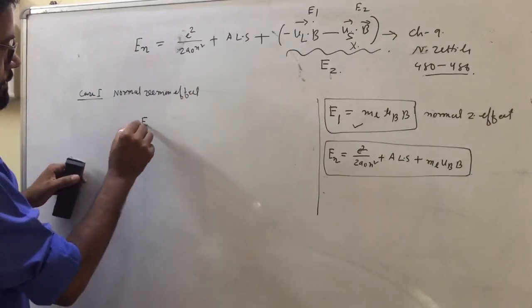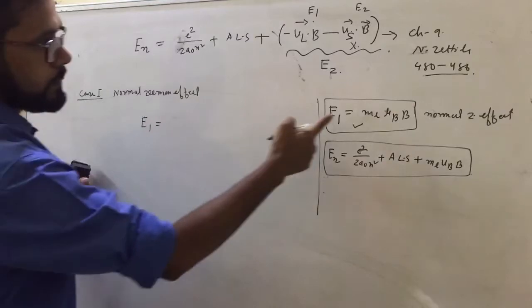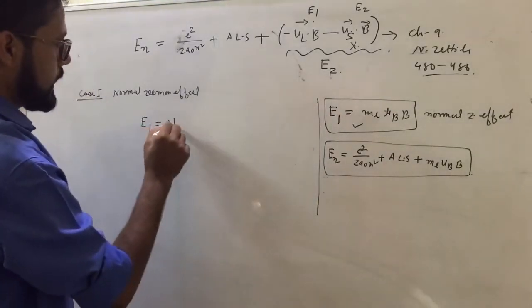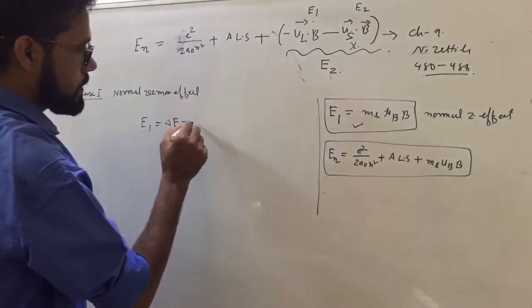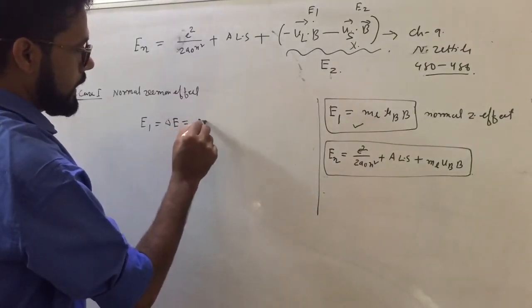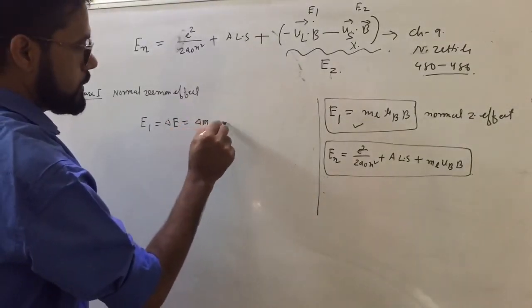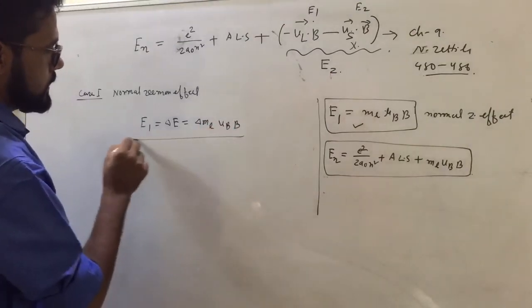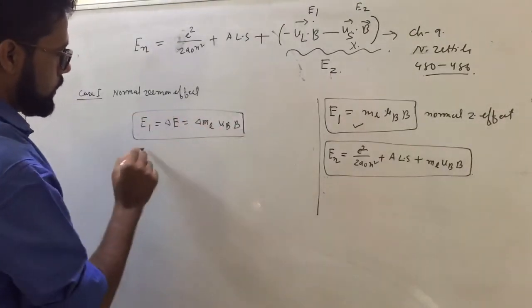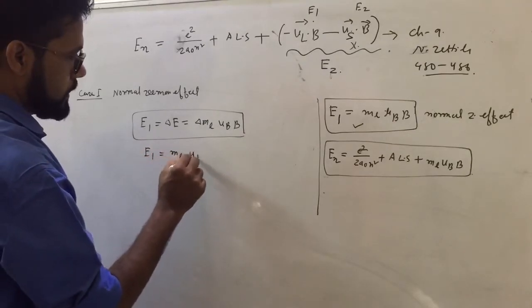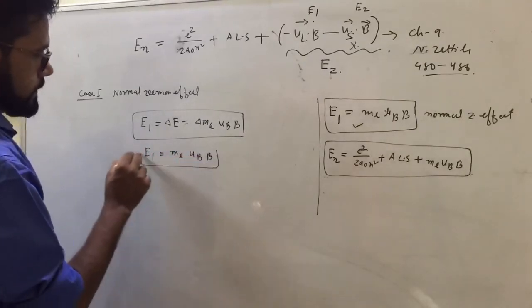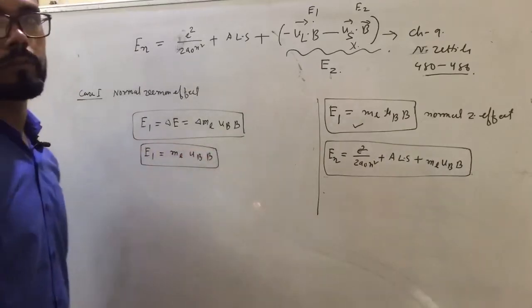So E1 equal to, sometimes in books it is written as del E, do not be confused. Del E equal to ml mu B B. So this is the energy of the normal Zeeman effect.